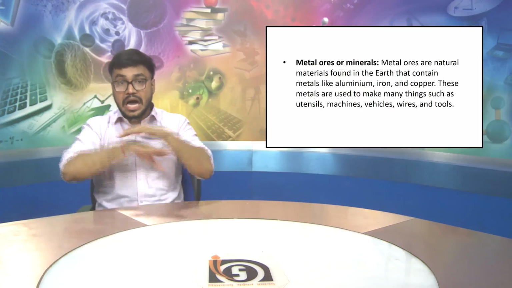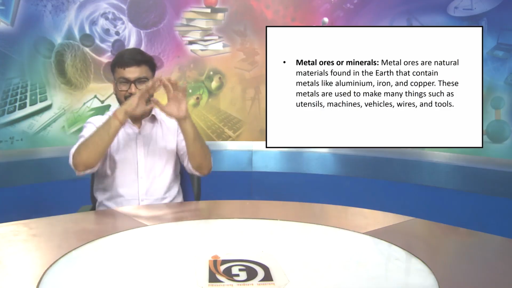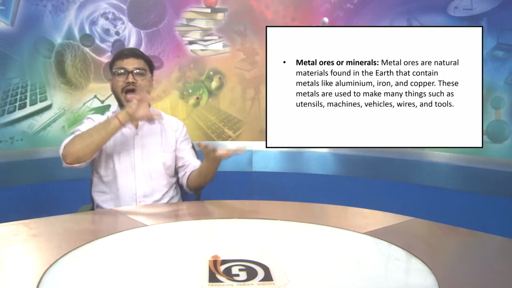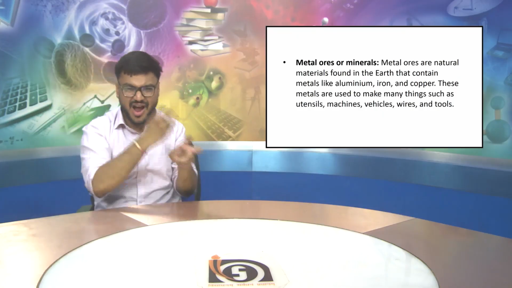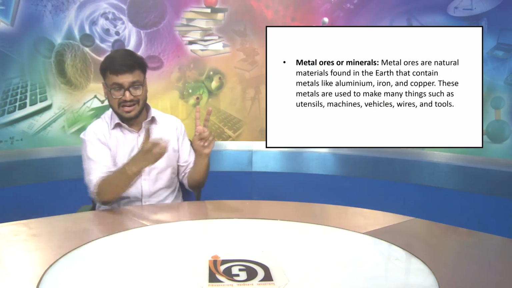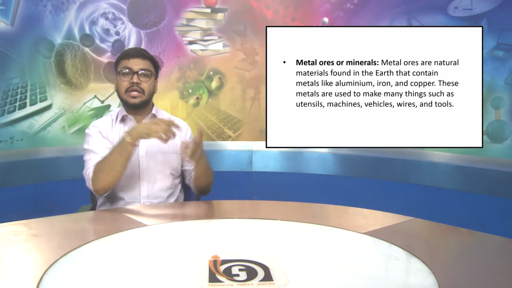Next is metal ores or minerals. Metal ores are natural materials found in the earth that contain metals like aluminium, iron and copper.